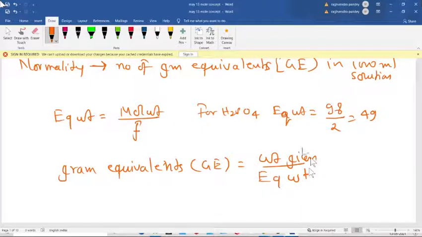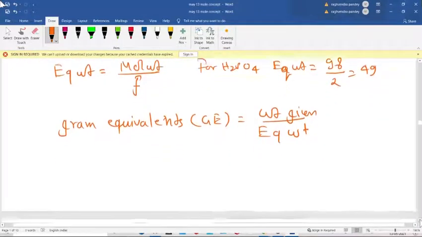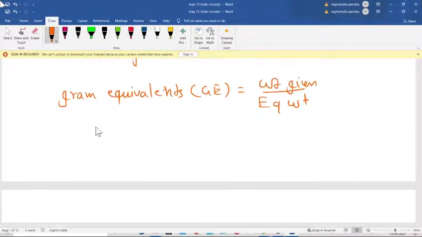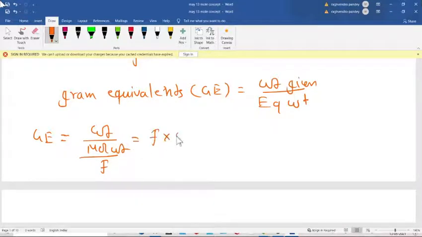Now understand, this is a very beautiful concept. Because we are talking about the gram equivalent, weight upon equivalent weight is what? Molecular weight divided by the F factor. For acid and base you have to write the F here. Now this F will go up, so that is F into weight upon molecular weight.